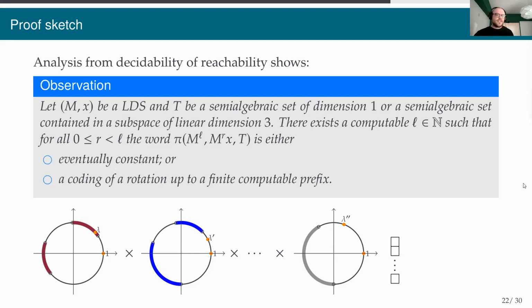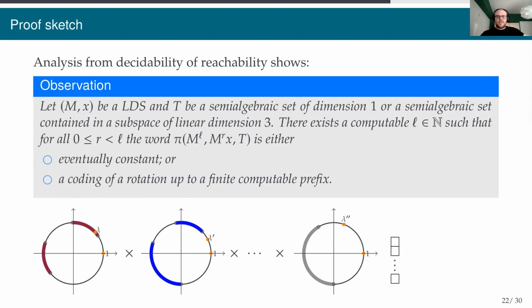So now when you have several targets, let's say they're all given by codings of rotations, you're inspecting this kind of product of codings of rotations. And now if we want to see what this characteristic word looks like, you're first starting at point 1, and none of these systems is hitting the target.